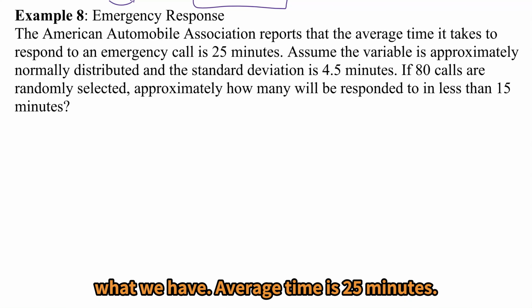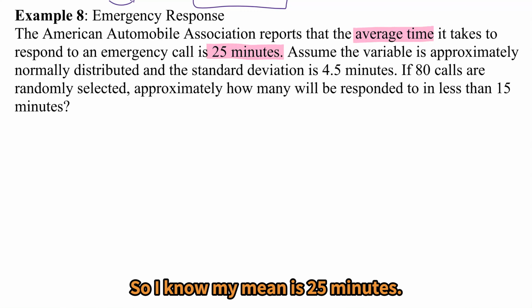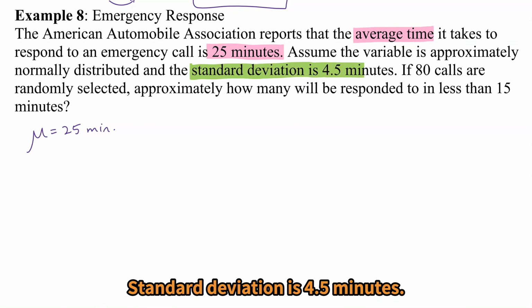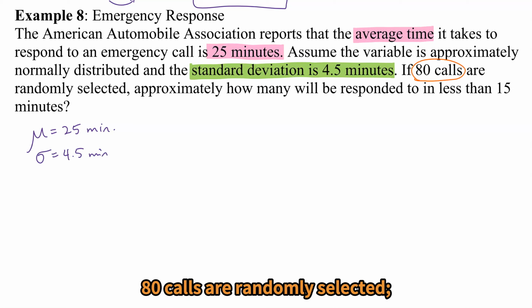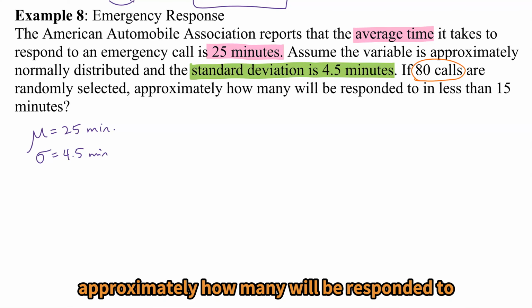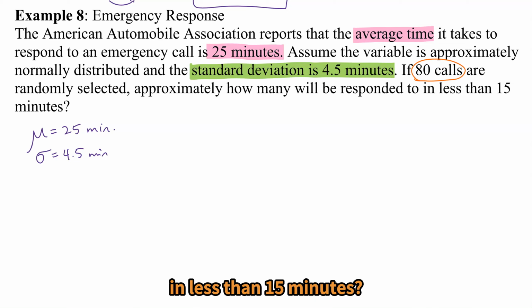Let's label what we have. Average time is 25 minutes, so I know my mean is 25 minutes. Standard deviation is 4.5 minutes. 80 calls are randomly selected. Approximately how many will be responded to in less than 15 minutes?